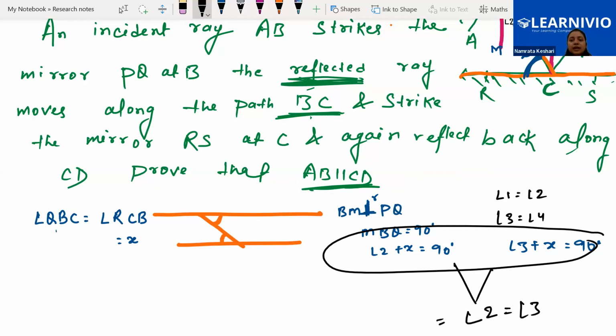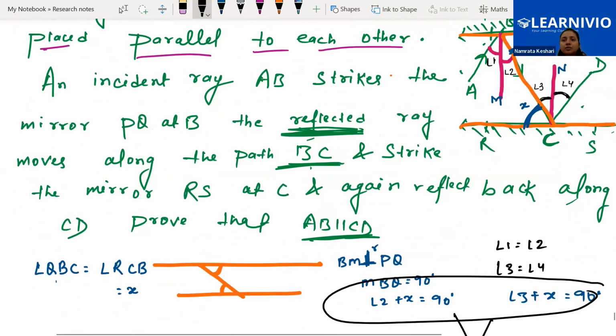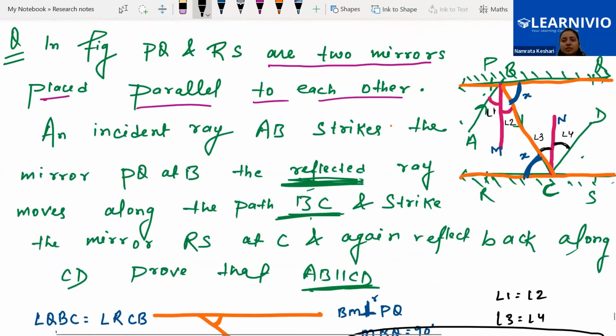So can we say that angles 1, 2, 3, 4 are all the same with each other? Yes, ma'am. Now, if we focus on the parallel lines AB and CD, let me wipe the remaining part.